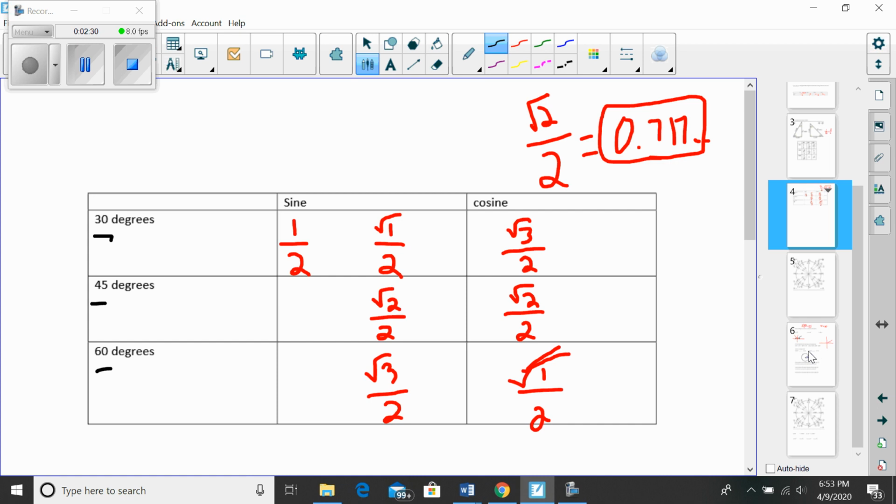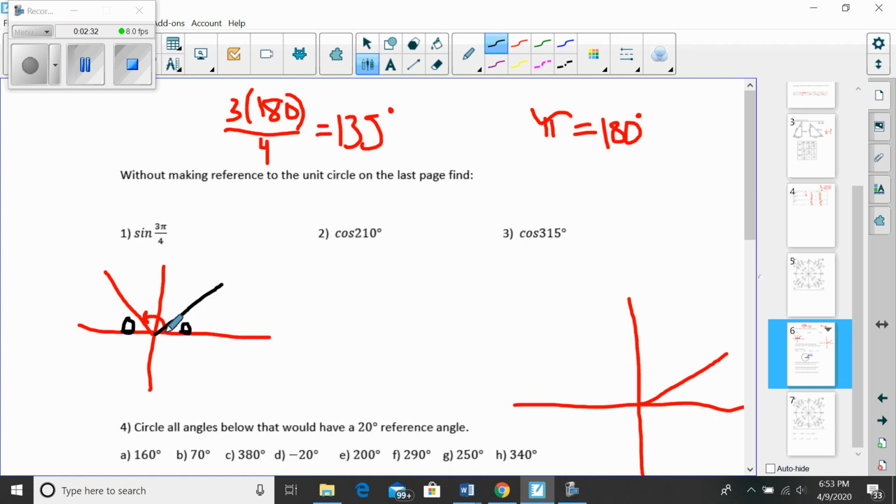Okay, so going back here, if this is 135, how do I figure out what my reference angle is? I hope you recognize without too much trouble that you would have to do 180 minus the 135, since a rotation halfway around that circle is 180.